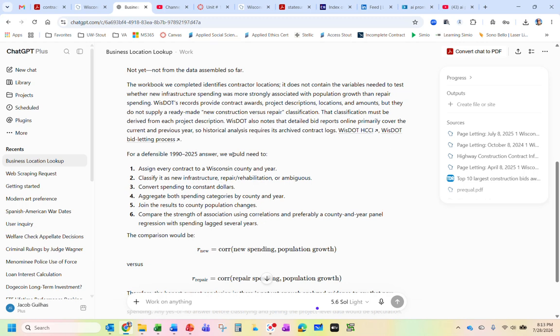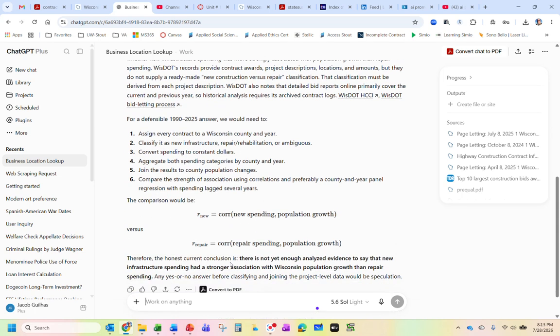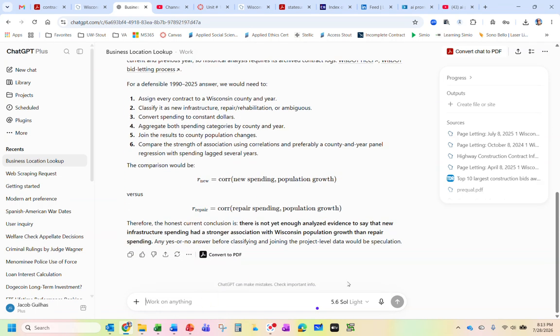I can do that differently, or I could have AI do it, with a prompt saying: rather than 1990 through 2025, let's look at just 2020 through 2025, period.